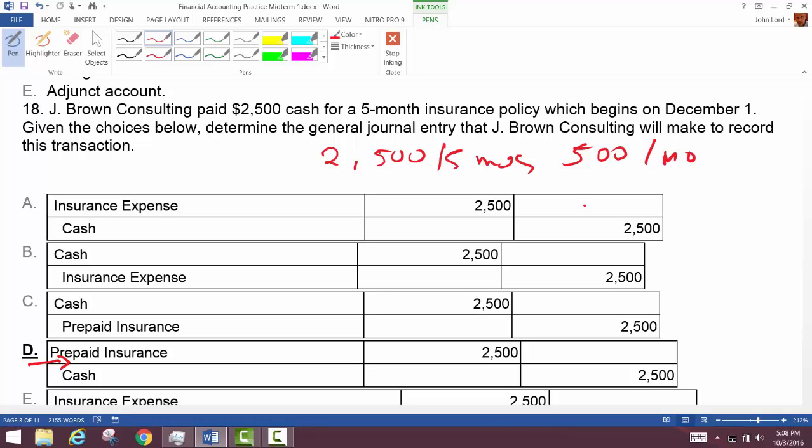Okay, credit prepaid insurance. So I'm just going to write it here. Prepaid insurance, sir. You say for 500? Okay, what do you want to debit? Good. Insurance expense. The insurance has expired, hasn't it? For what is it? 500? Right? Okay. Okay, good.